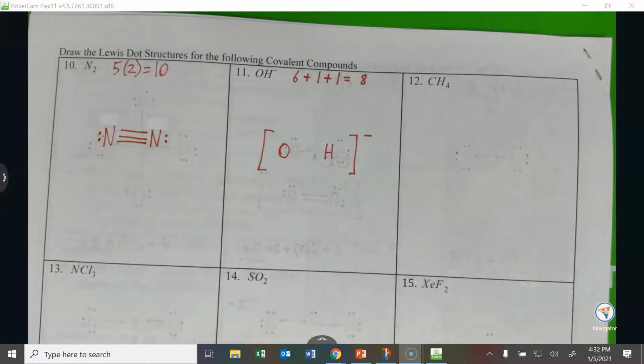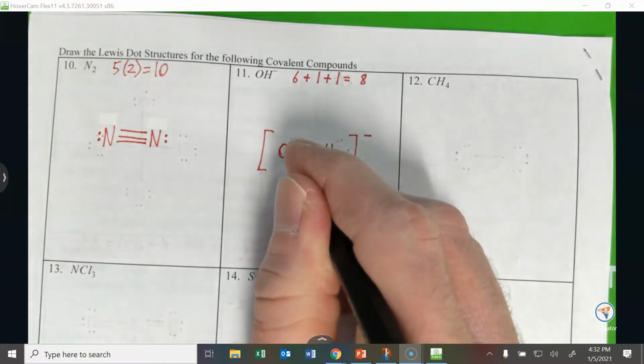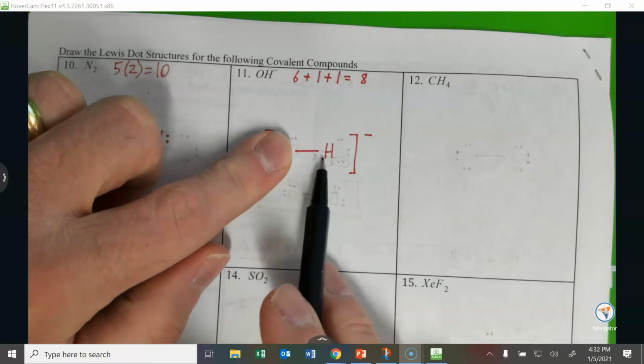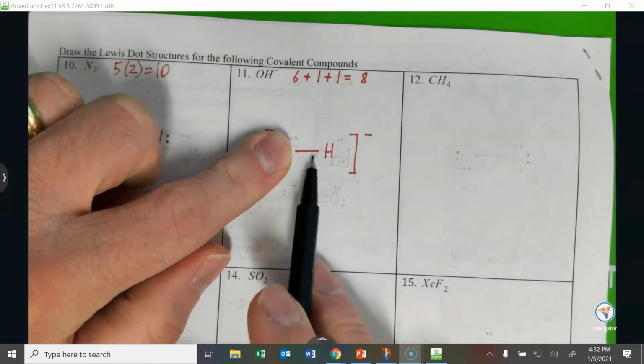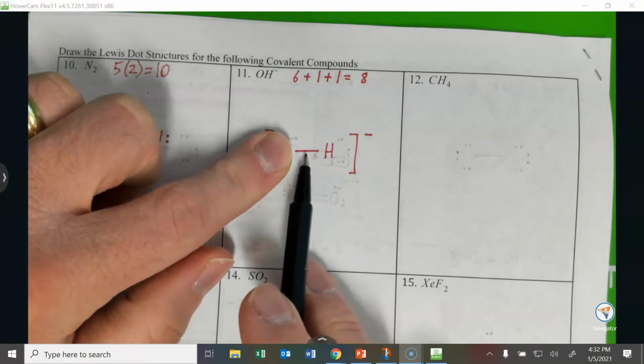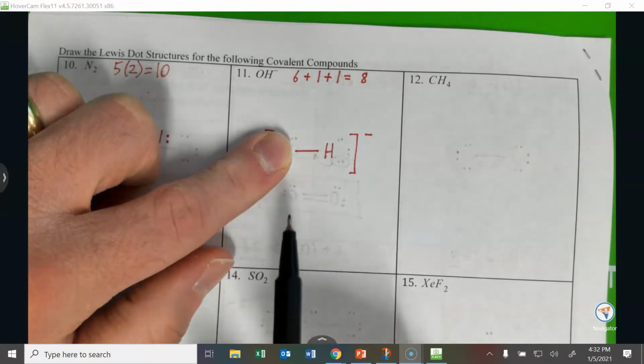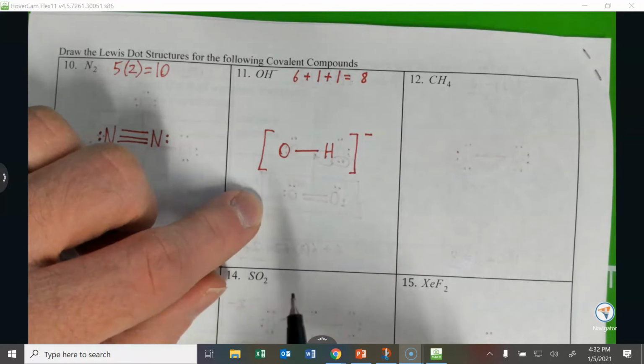Okay. Next thing we're going to do is connect these with a line. That's our skeleton step. Then we want to take care of the outsiders. We want to give all of the outsiders an octet. Well, hydrogen, remember, it's an exception to the octet rule. It only wants 2 valence electrons, and it already has 2, so I'm not going to put any additional electrons on hydrogen. But oxygen could use some more.